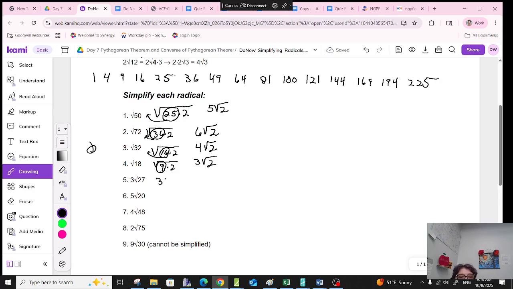So 3, I'm going to keep that 3 out there. 9 times 3. What's the square root of 9? 3. So this square root of 9 is 3. That comes out. What's 3 times 3? 9. Square root 3. You multiply. Did you divide? Is that what you did? Yeah, no, you always multiply those outside numbers.